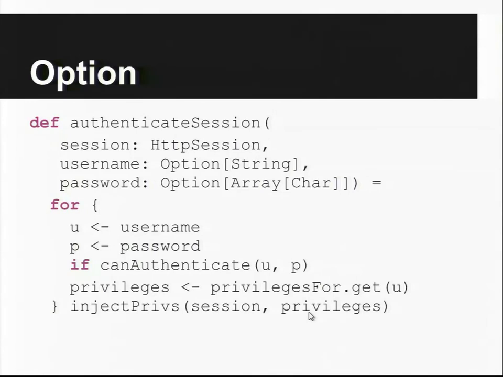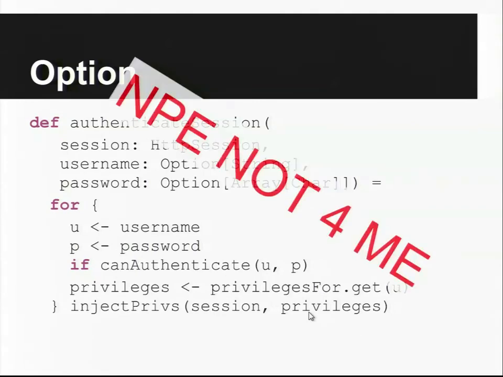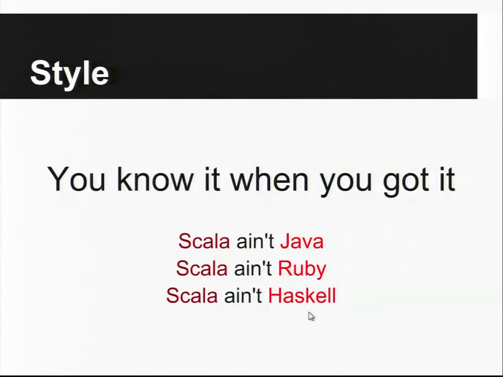Privileges for .get returns an option. So it's the same thing in this for. So every usage of option is on a different line in that for expression, and at the end, I call the method I want to call. I'm now protected from null pointer exceptions, assuming people don't put null in option. That's also evil. Don't do that. So no null pointer exceptions.